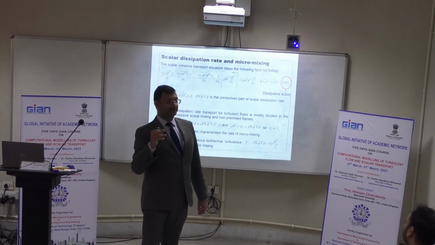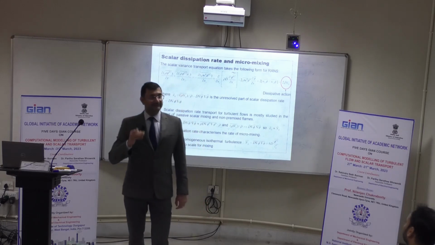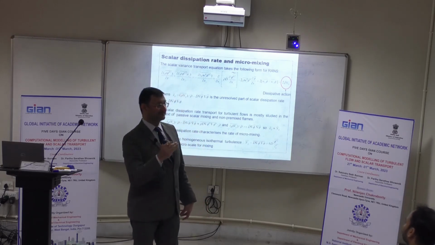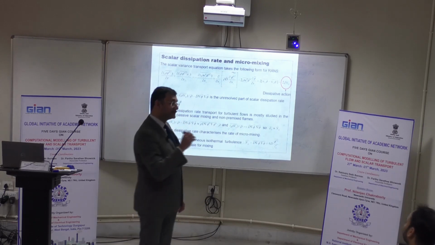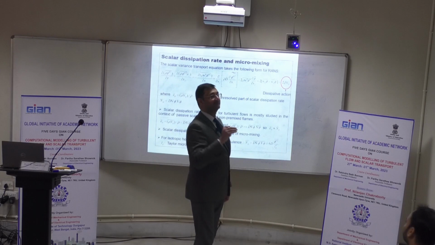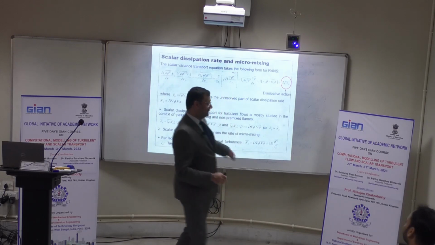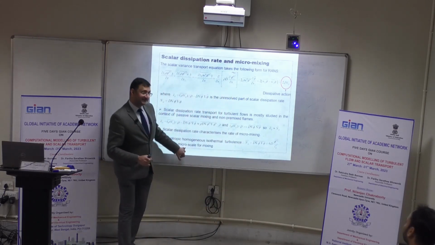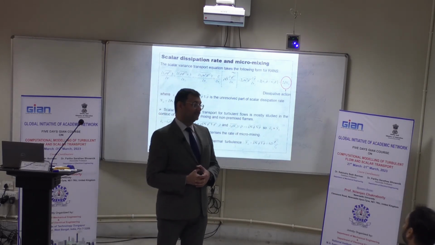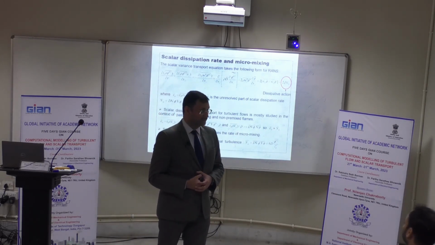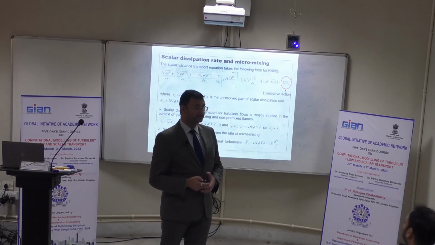Any fluctuating gradient of any fluctuating quantities can be scaled with respect to the microscale. I mentioned that, but at that time I was talking in terms of the velocity fluctuation. This Taylor microscale for mixing for scalar can be different from the Taylor microscale for velocity fluctuation. Okay?